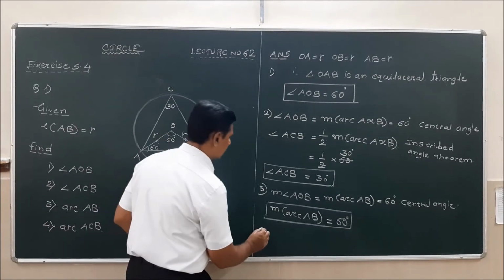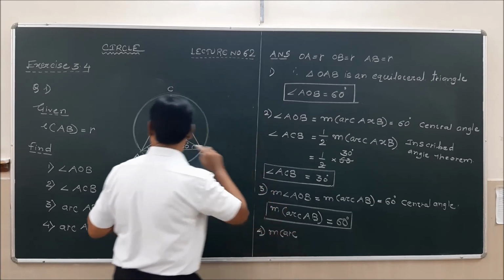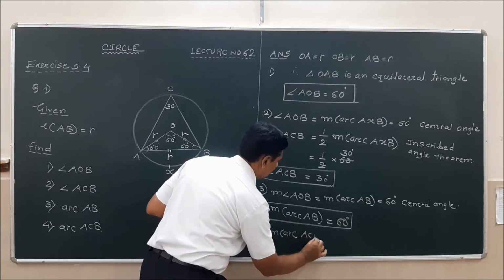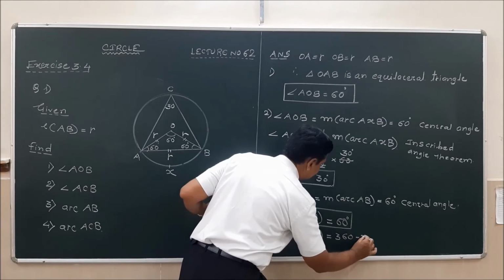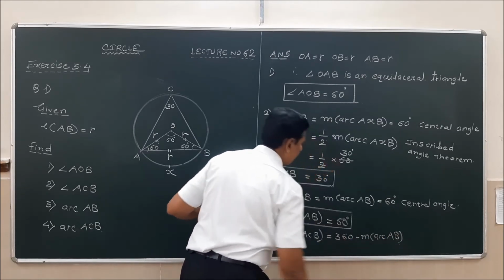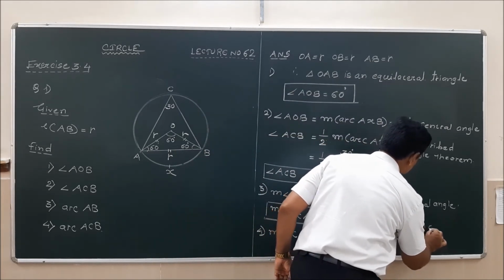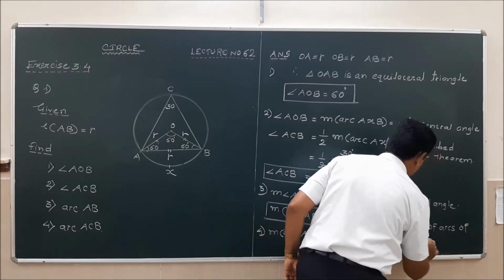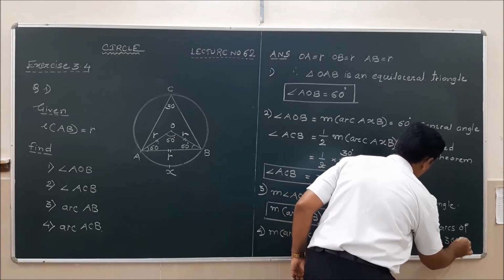So here I am going to write now. Measure arc ACB is equal to 360 minus measure arc AB. We must give the reason: the sum of arcs of a circle is equal to 360.